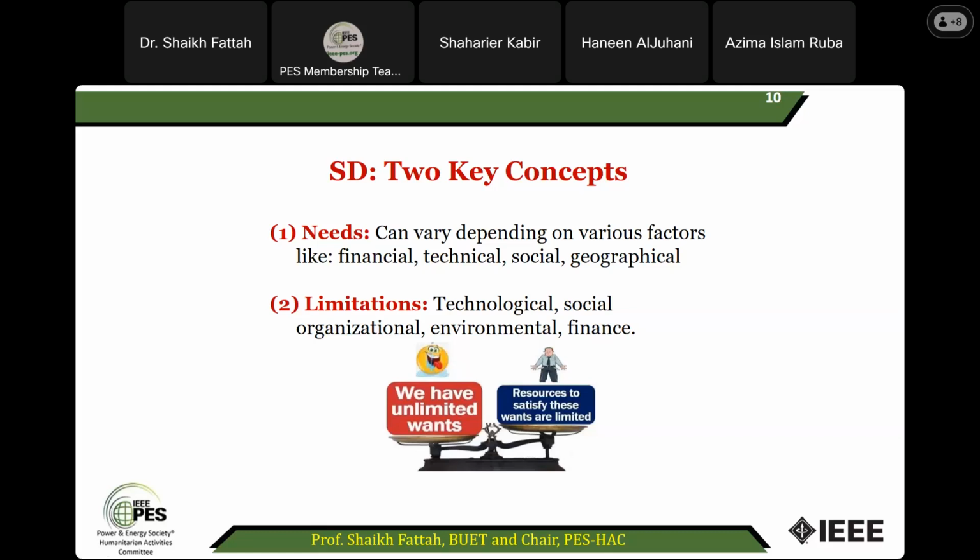And needs is a big word. So, I mean, different aspects and connected needs are there. It could be financial, technical, social, geographical. For example, they don't have electricity. So is it only the need?